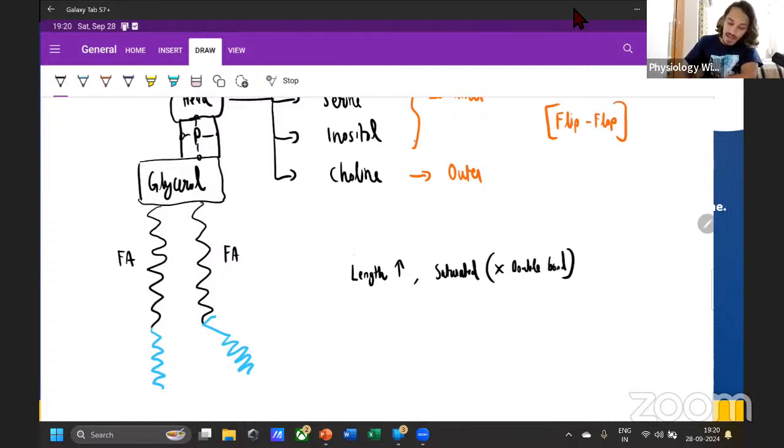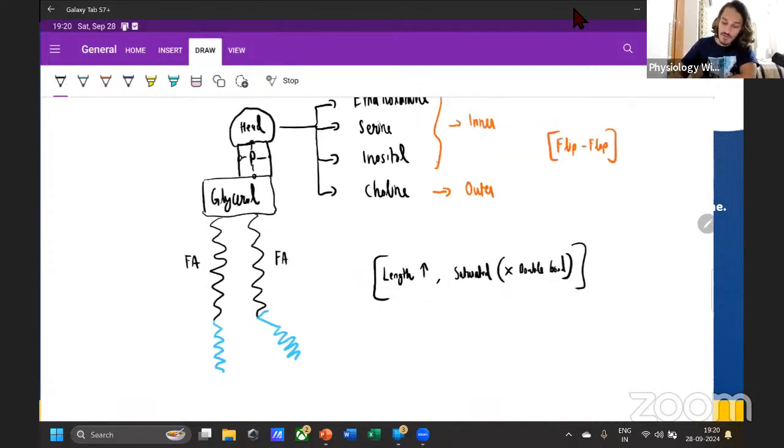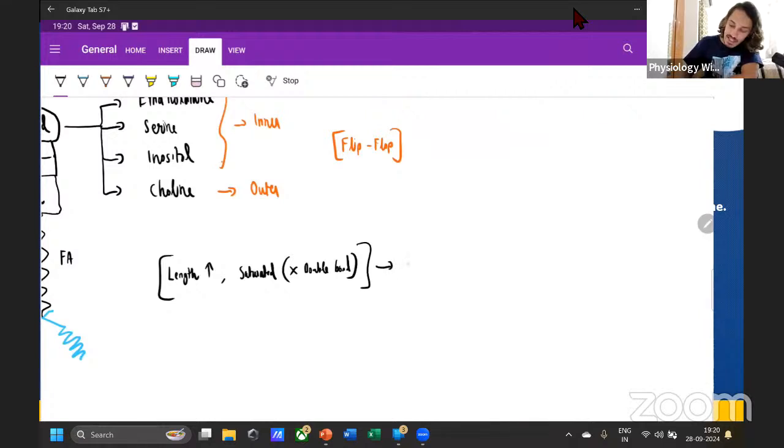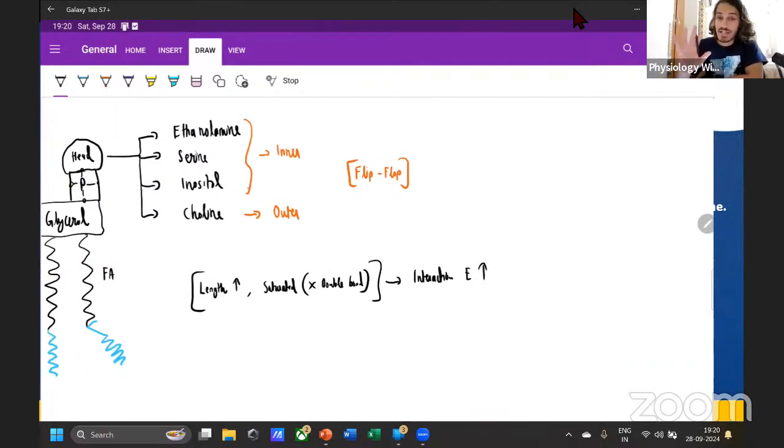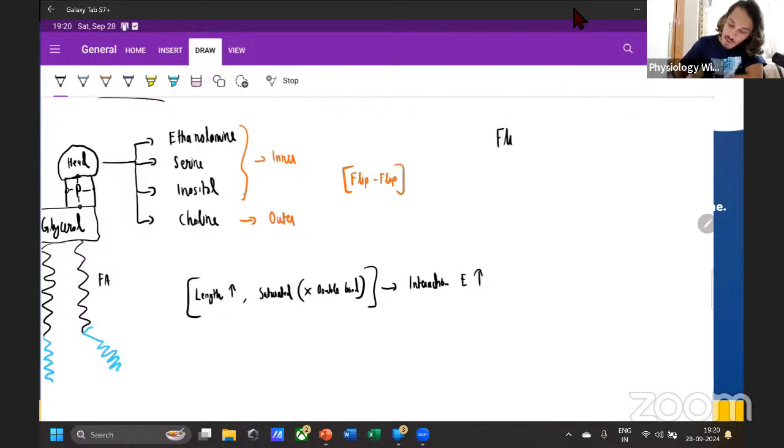So at rest, what you have to understand is the interaction energy is pretty high. Generally, you have to understand your membrane. Then there is a particular concept about your membrane that you have to understand, which is called the fluid mosaic model.